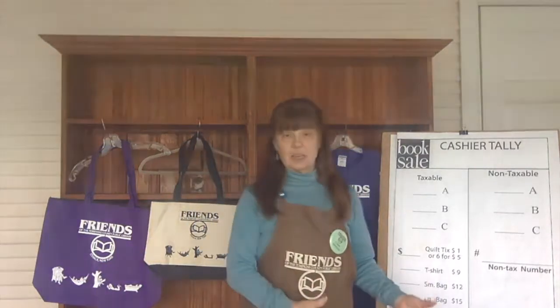Then, once you get those separated, you're going to divide the purchases into 3 categories, A, B, and C. If you have been trained as a pricer before, then you'll notice that we have 3 categories instead of 4. All we've done is merge the 2 middle categories, B and C, into one, B. What goes into the various categories is the same, it's just that the 2 middle ones are now joined.